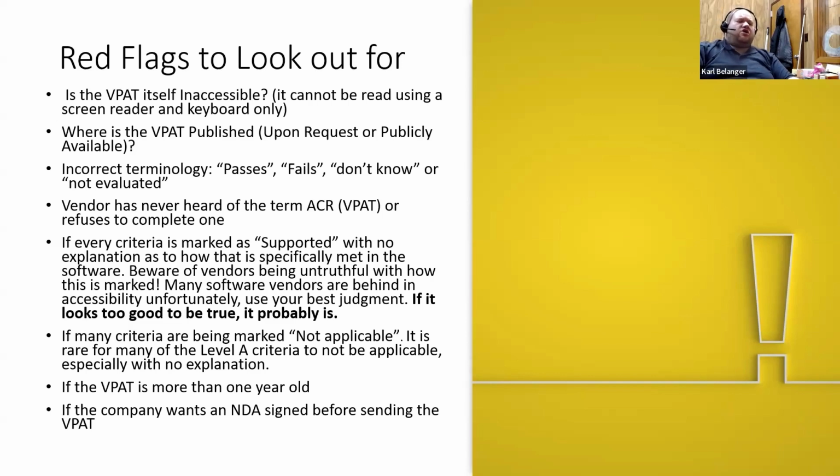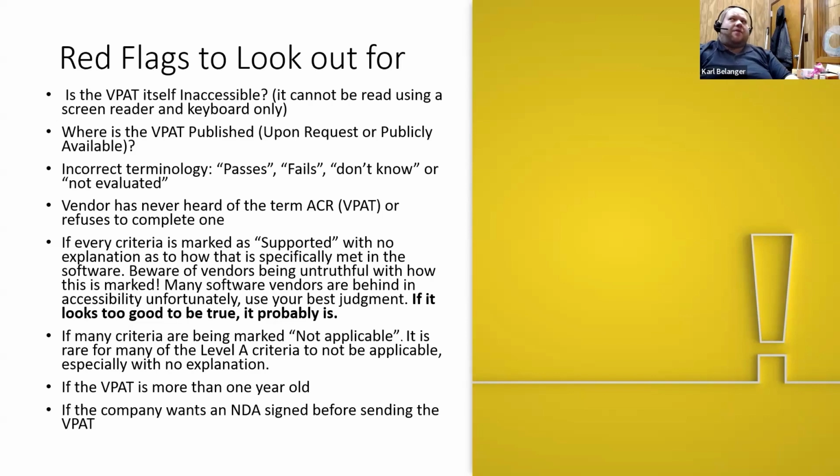If many criteria are not marked not applicable, a lot of level A criteria will be applicable no matter what product it is, so that can be another concern. If the VPAT is more than 1 year old. Products are constantly updated, new features are added, bugs are fixed, and so a VPAT from 2 or 3 years ago might not be very relevant to the current state of the product.